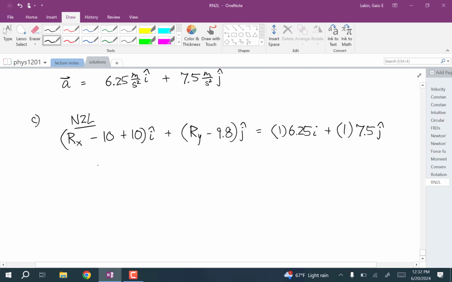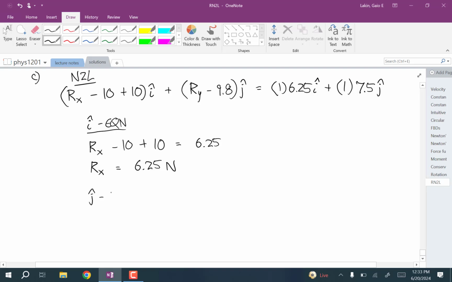And so now we have two equations. The first one is the i equation. So what that says is we take all the stuff in the i direction, and it says Rx minus 10 plus 10 is equal to 6.25. The 10s cancel each other, and so we get that Rx is equal to 6.25 newtons.